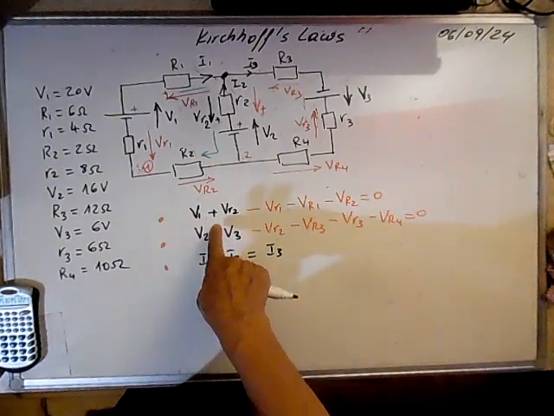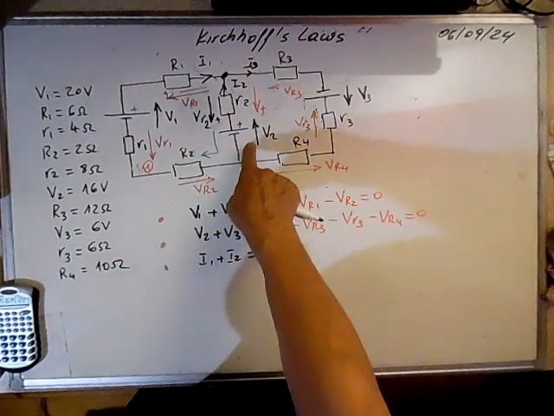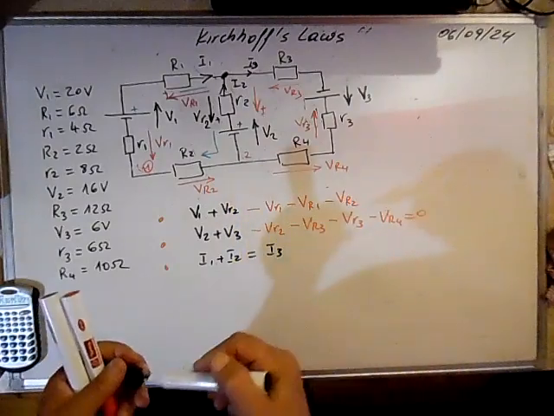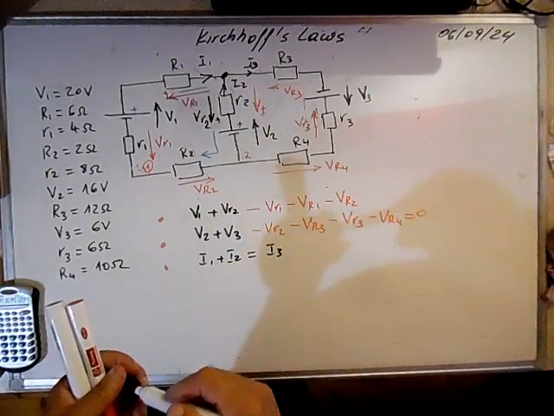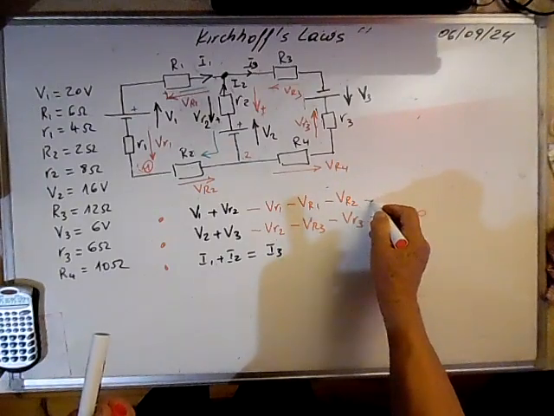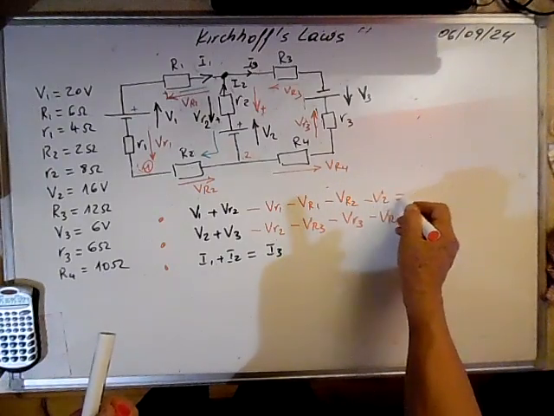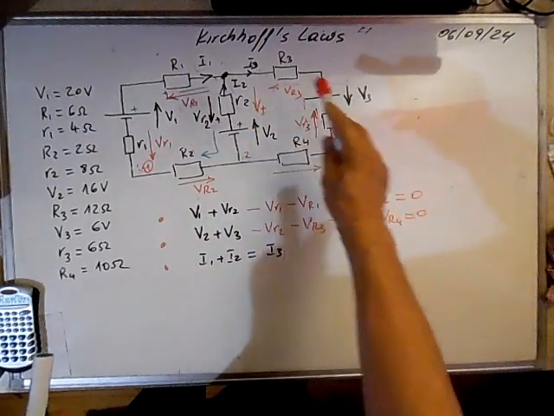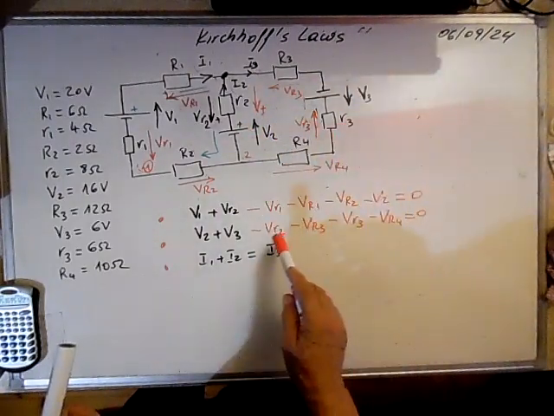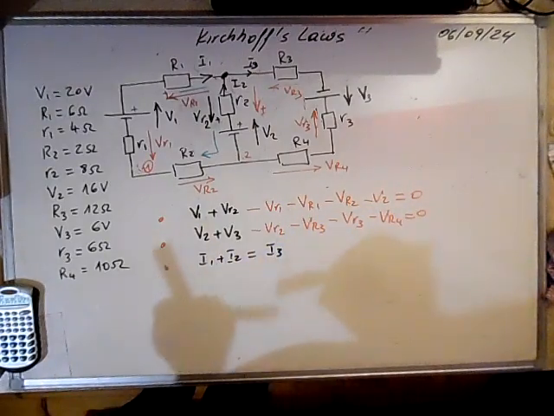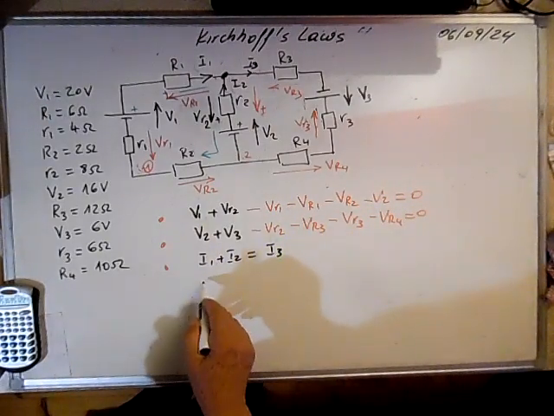Here we have forgotten, I think, V2, the source. It is in red normally, anti-clockwise, so minus V2 is equal to 0. Okay, here we haven't forgotten anything.